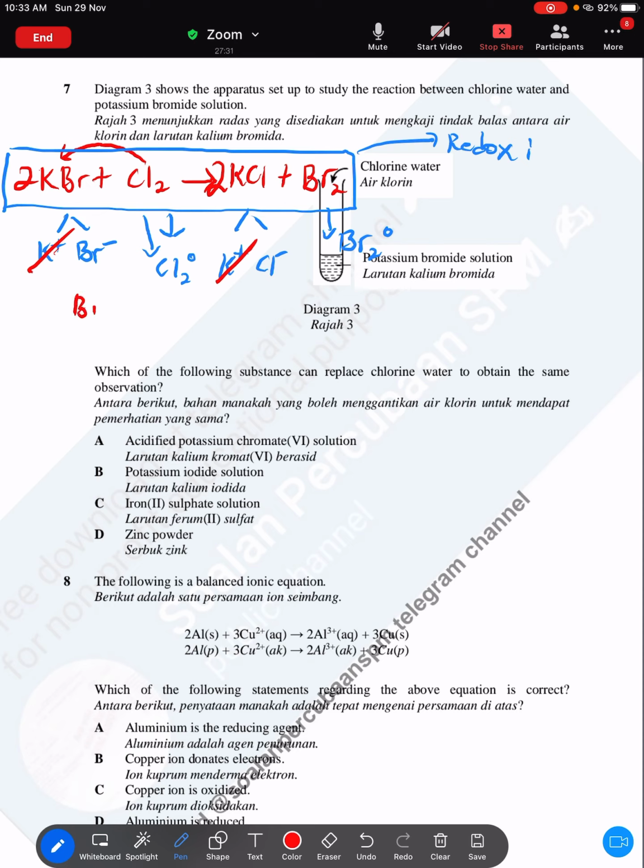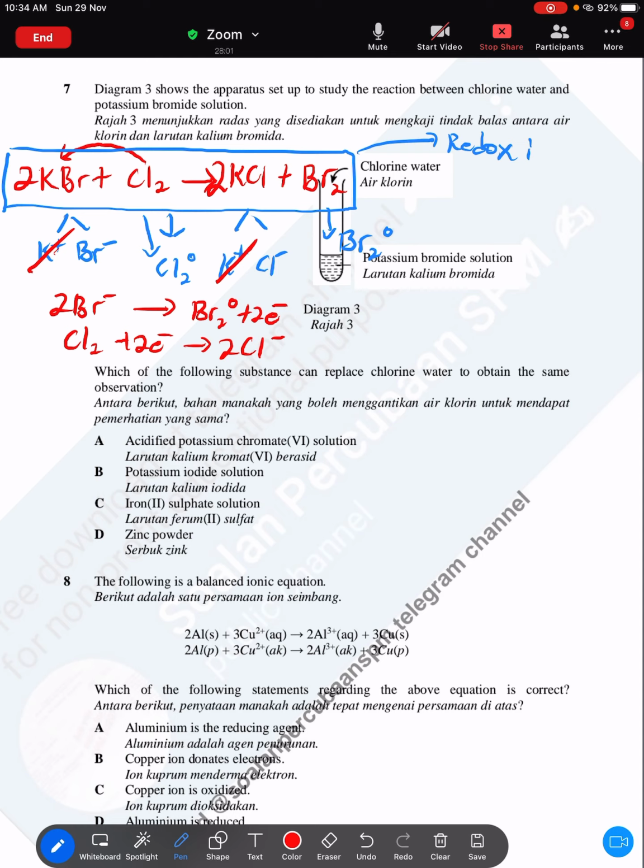And you notice the Br- becomes Br2, this is 2Br- becoming Br2 plus 2 electrons. On the other hand, Cl2 plus 2 electrons becomes 2Cl-. My dear students, can you tell me, does the bromine undergo oxidation or reduction? Oxidation or reduction?